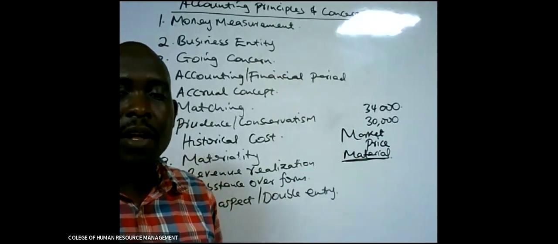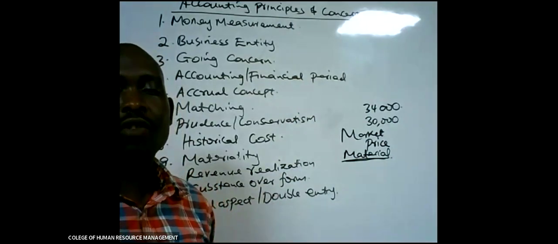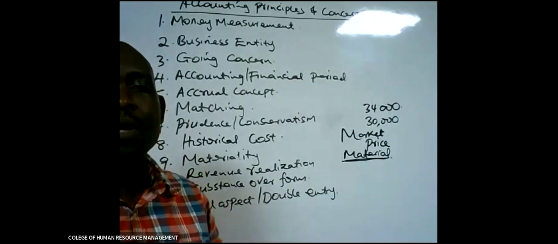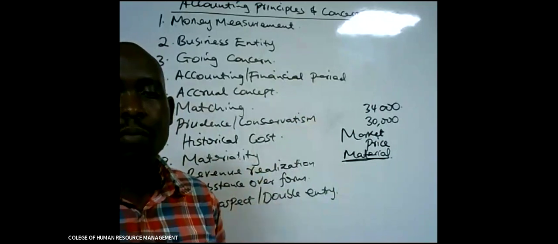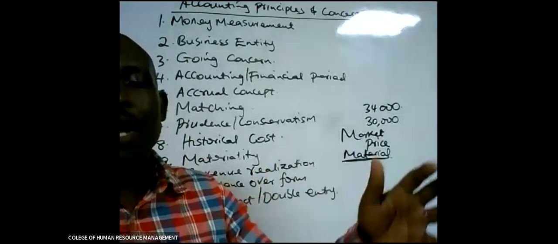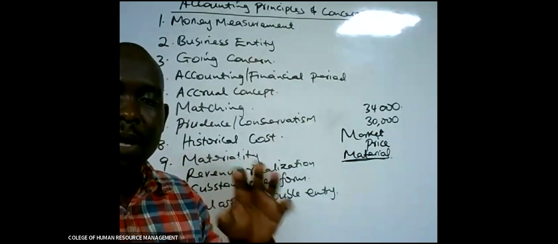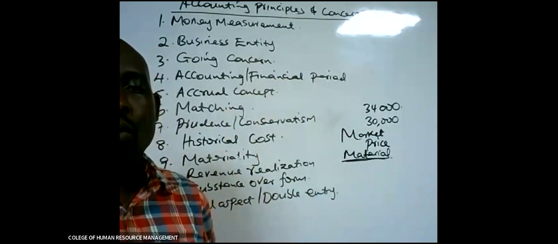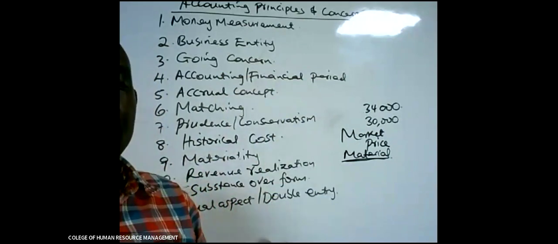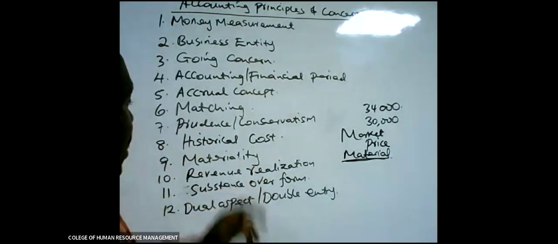Any information that is immaterial, meaning it does not have any impact on the decisions, should be excluded so that we don't make our books of accounts so voluminous with information that is not relevant. That is materiality.